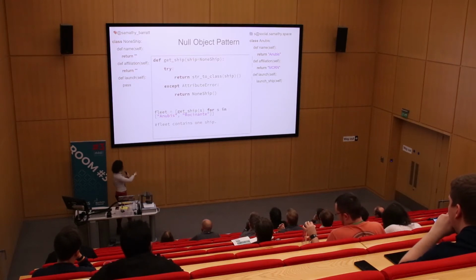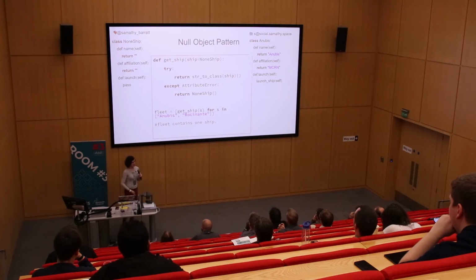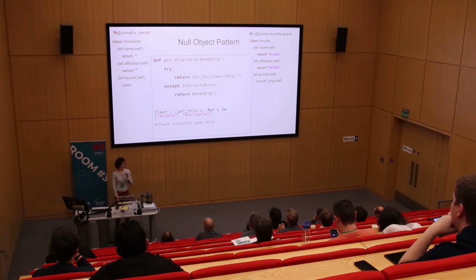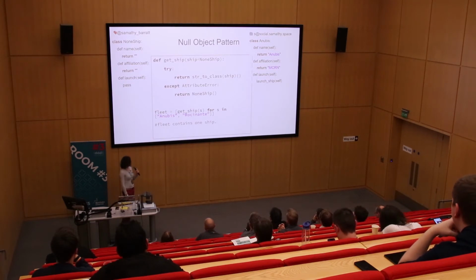And so instead of returning a sensible ship object that is the Rocinante, or throwing an exception because it doesn't exist, our function returns nonship, which is a ship object, which pretends to be a ship, except it doesn't do anything. But what this allows us to do is cover up the fact that that object is not available.